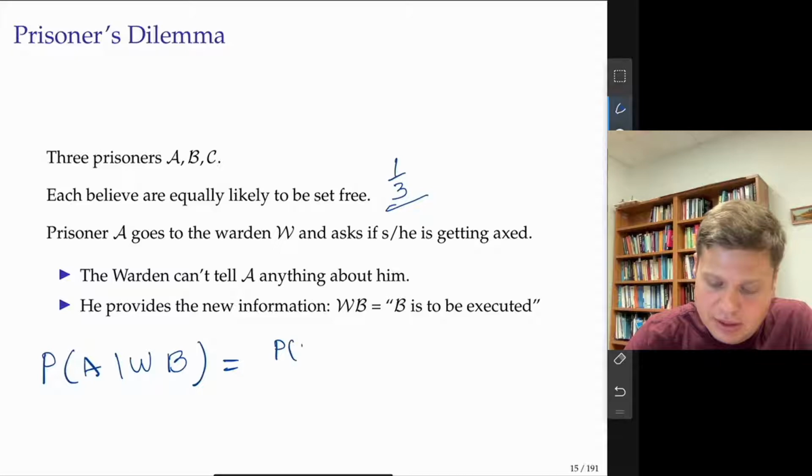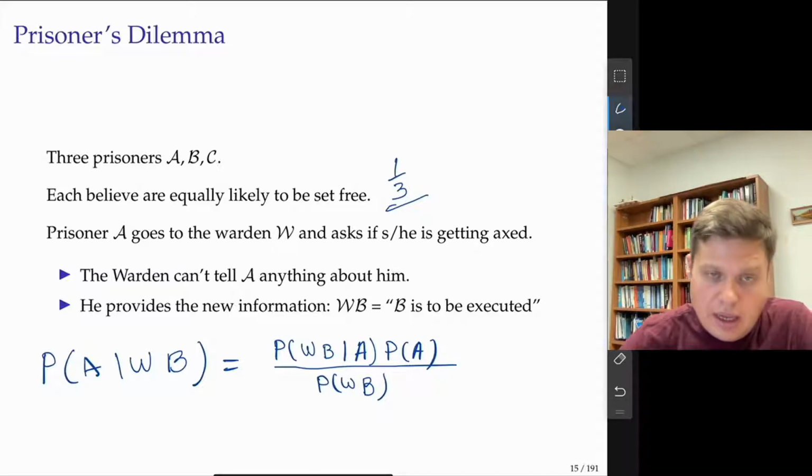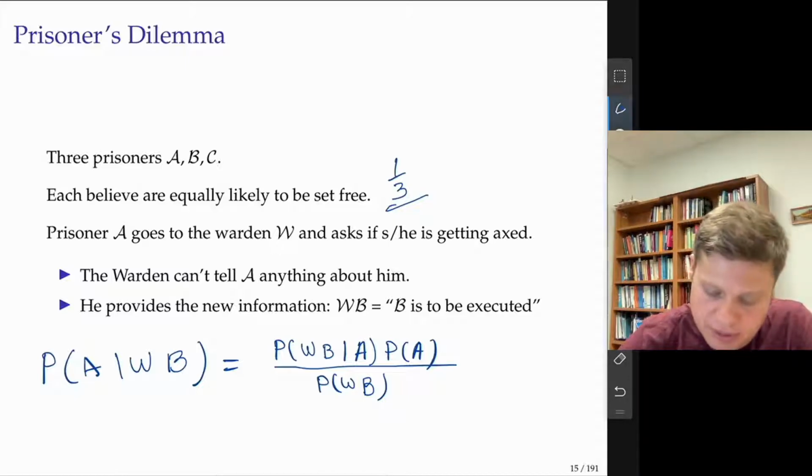It's the probability that the warden gives this piece of information given A is to be set free, times the probability that A goes home, divided by the total probability of this piece of information. To calculate the total probability, we use our formula that connects the total probability and joint. So we just sum up the joint.